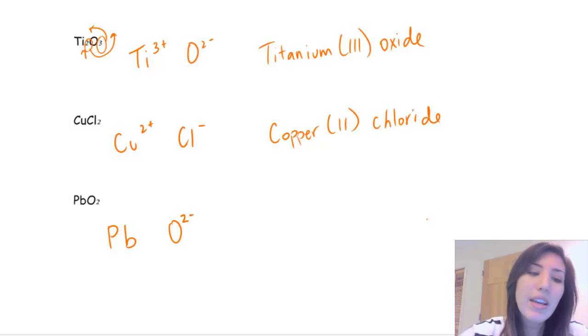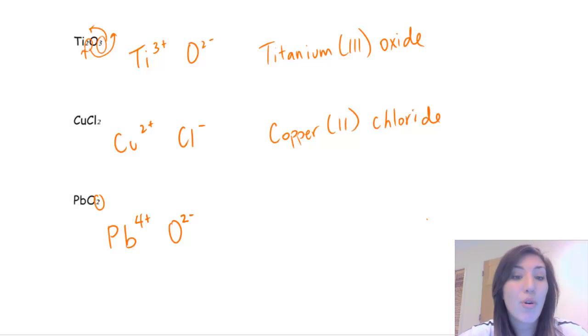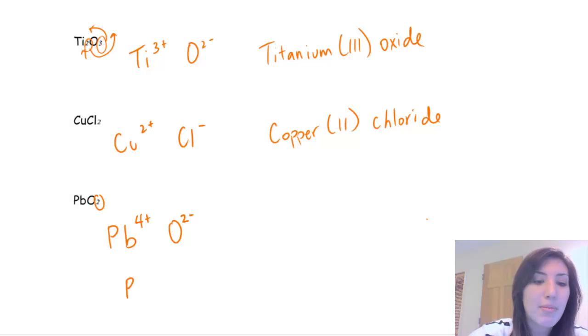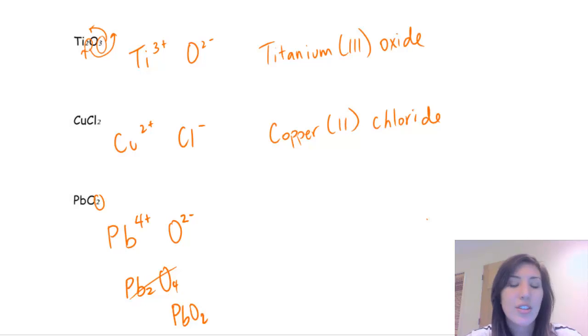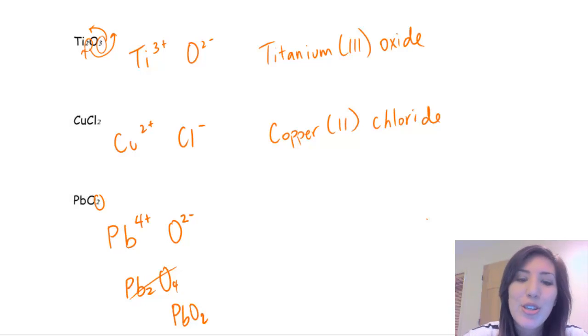So if we have a 2 here, then this Pb must have been 4 plus, because if we had Pb, that 2 going down to here, O4, this was reduced to PbO2. So that's how we got that. So when we see this, we know, hey, that oxygen is supposed to be 2 minus, so that must have been reduced. So we're going to say lead(IV) oxide.